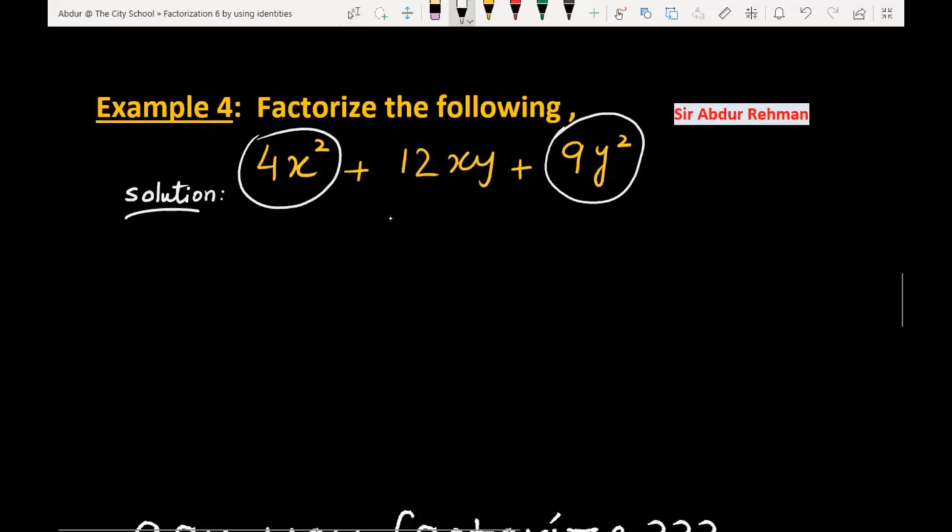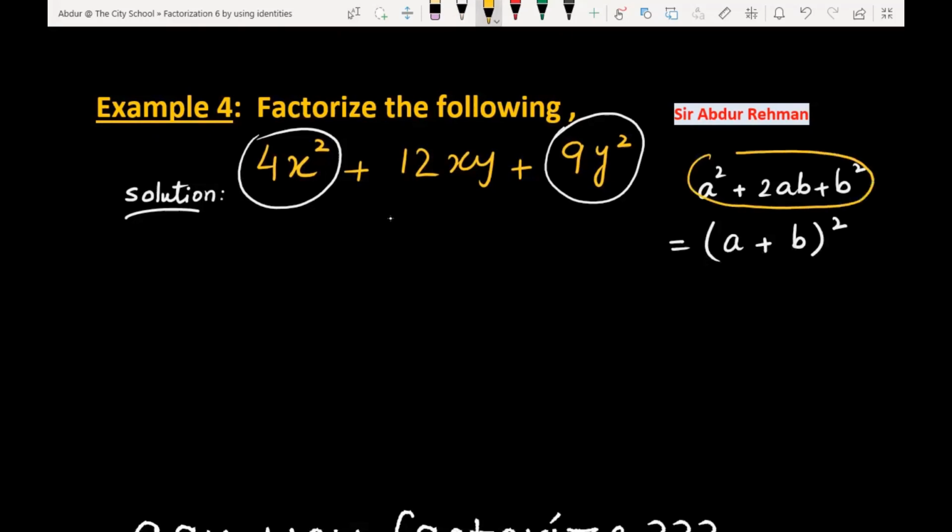Recall the identity of this type: a square plus 2ab plus b square is equal to (a plus b) whole square. The first part is an expanded form, and the second part is the factorized form of this expanded form.